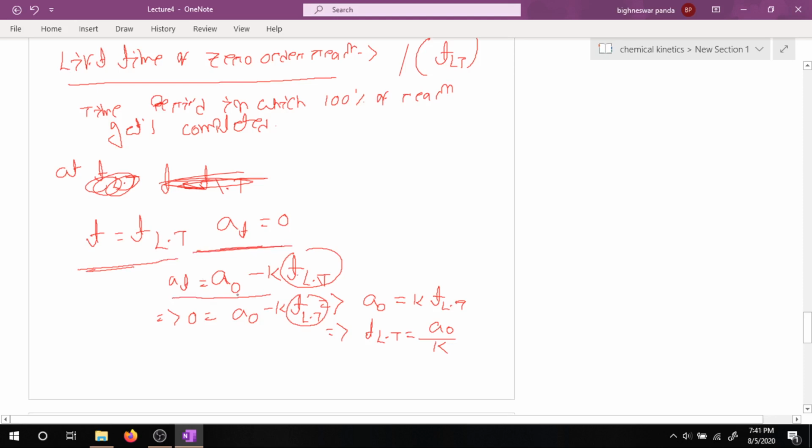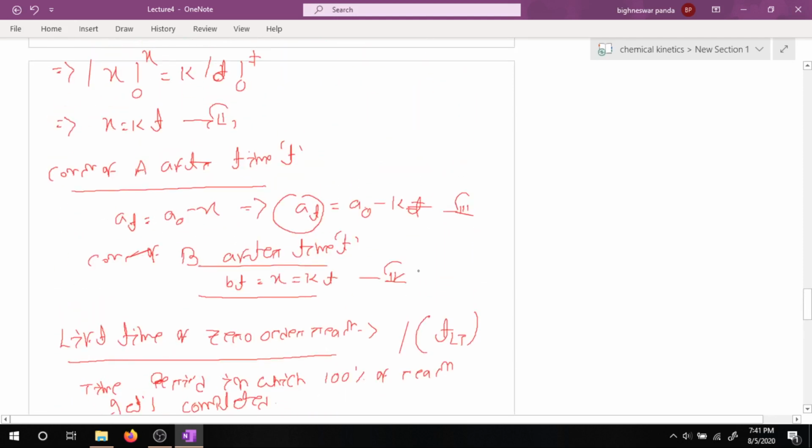So 0 is equal to A naught minus KTLT, and A naught is equal to KTLT. So TLT is equal to A naught by K. This is the lifetime of the zero order reaction. That means A naught by K is the time period during which the reaction gets 100% completed.